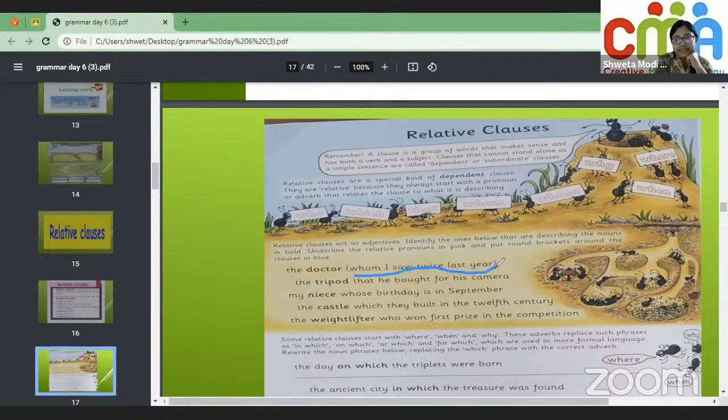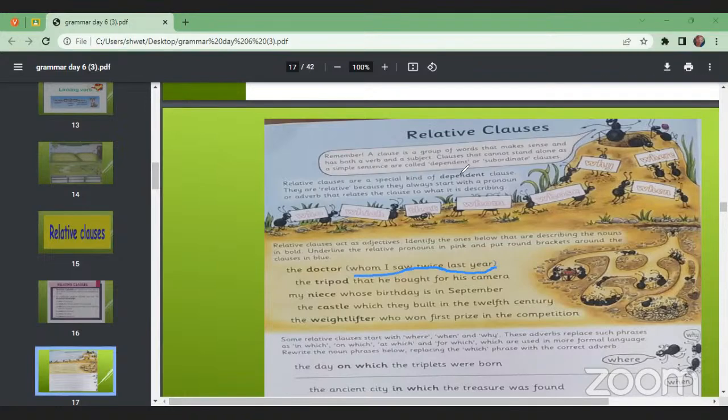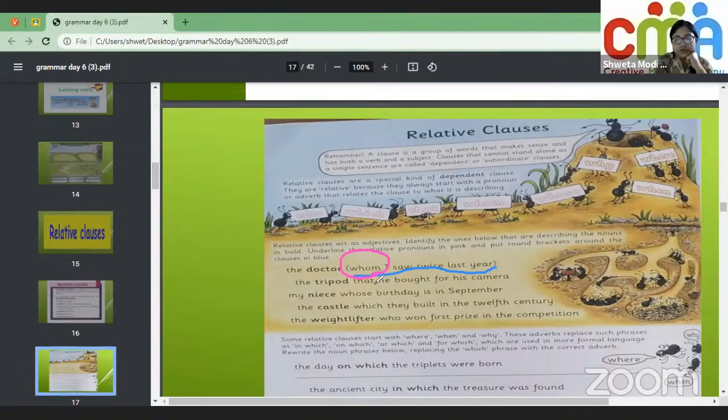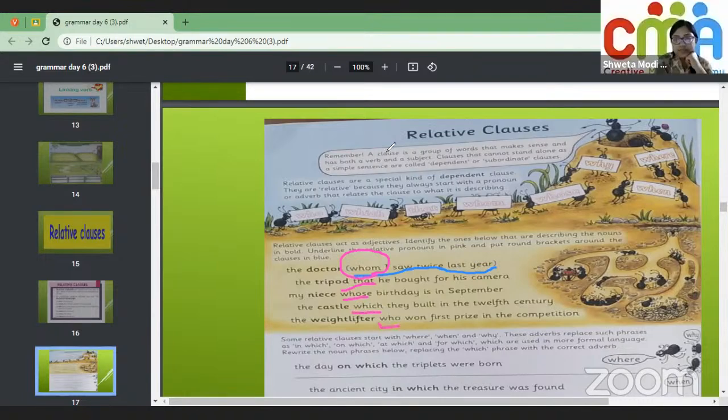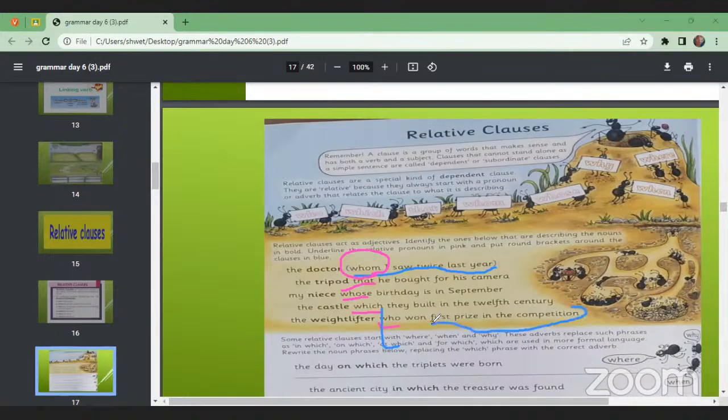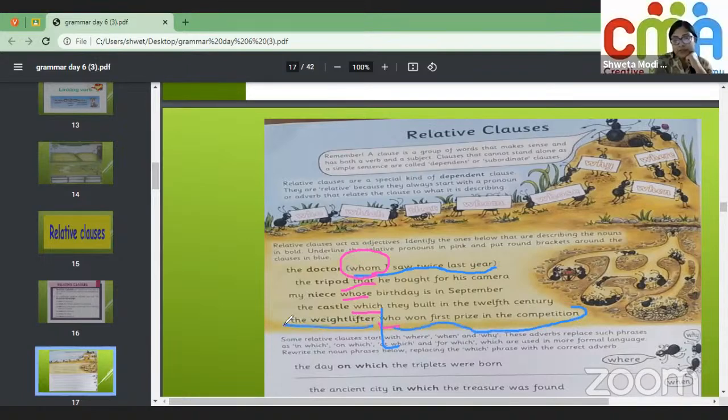And in this adjective clause, we have a relative pronoun. And which is that relative pronoun? Whom. So whenever you have a relative pronoun, the clause becomes a relative clause. And this clause is an adjective because this whole clause is telling about the weightlifter, that means a naming word.